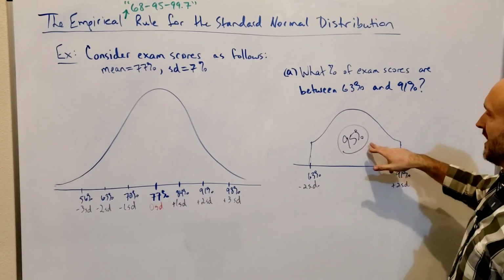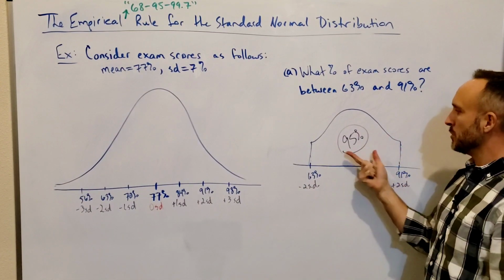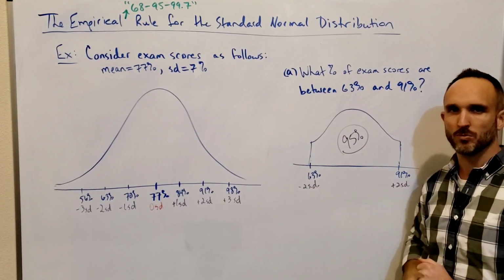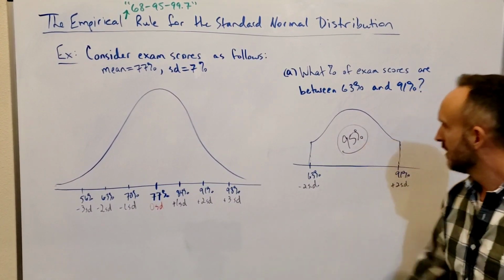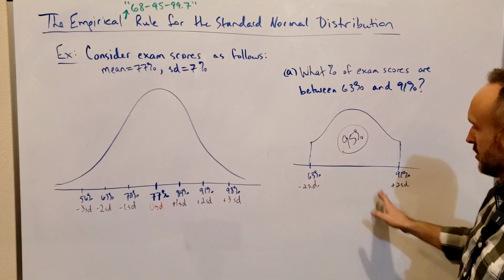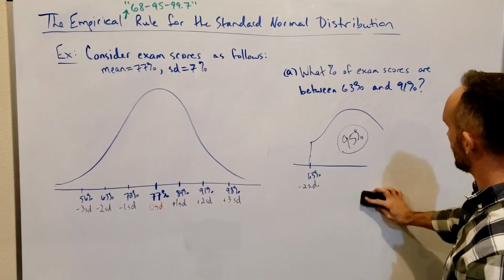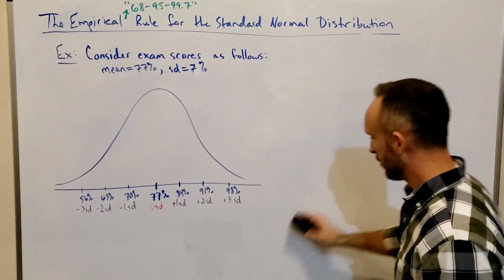You could also say that if you were to take this test based on this data, you would have a 95% chance of scoring between 63 and 91%. You could also think of this as a probability, okay? So that's pretty easy because we went out to 2 standard deviations on either side. Let's ask a slightly harder question. Part B.